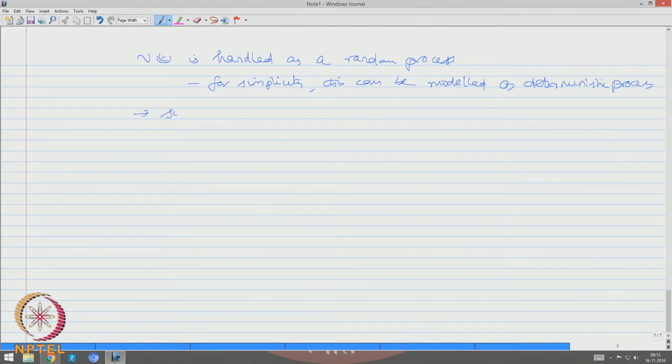So, some simplification is done to handle the gust part.